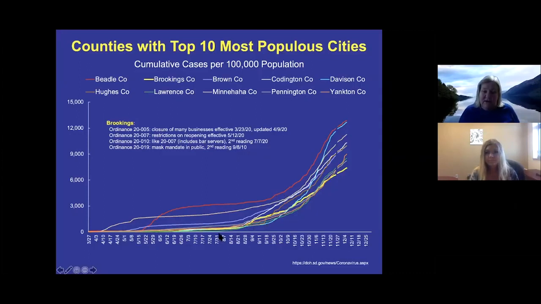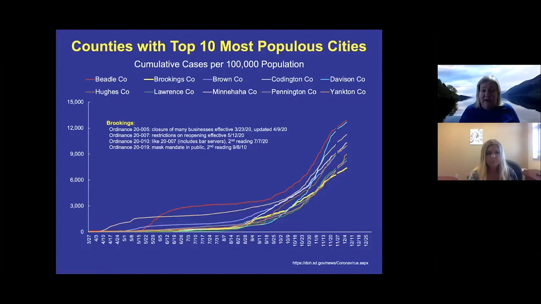But you can see here, Brookings passed the ordinance back in early September. And at that time, Brookings is this yellow line. At that time, we were about 5th, right in the middle of the 10 counties in terms of total cases.